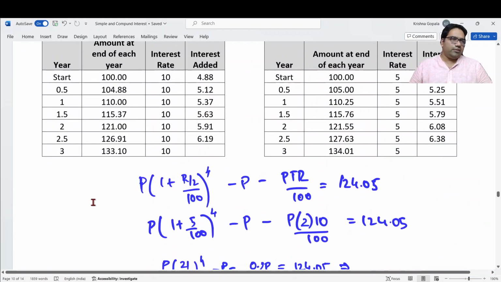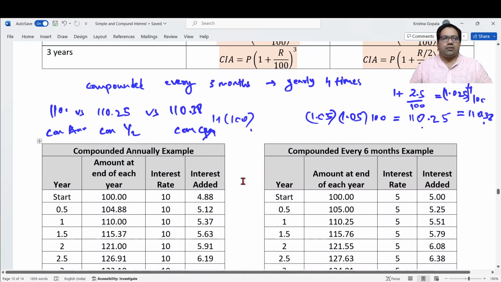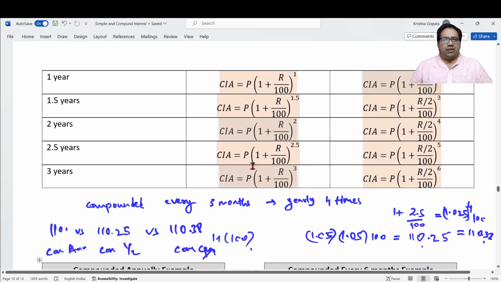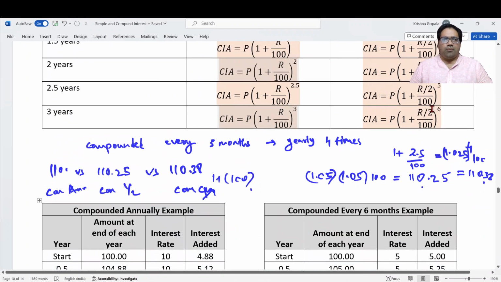So total is 8,000. You understood the difference between compounded annually, compounded quarterly and compounded every 6 months, right? What we just need to take care of is how many time periods there are in a year. Those many times we have to adjust the interest rate. If there are two 6 month time periods, the interest rate will become R by 2.